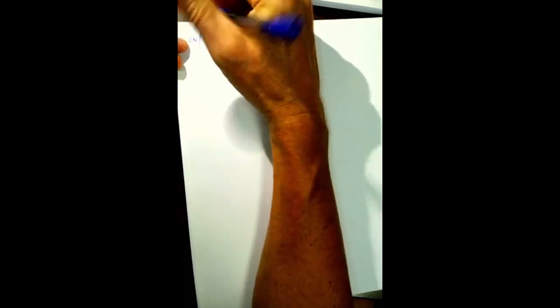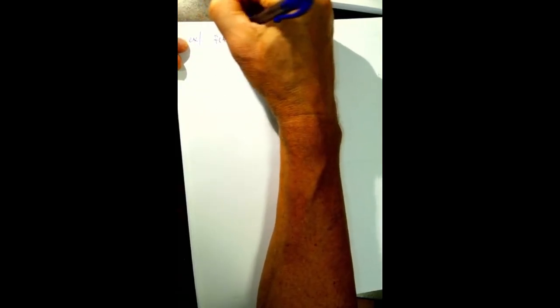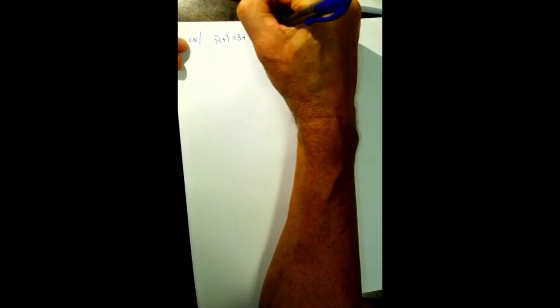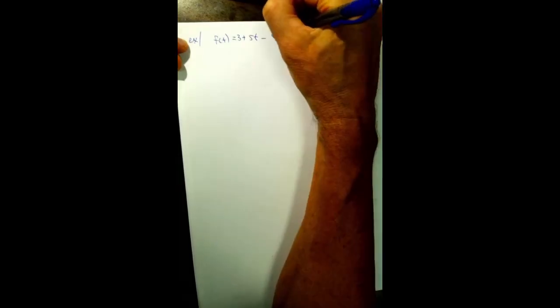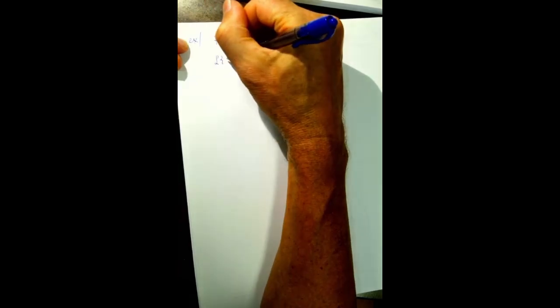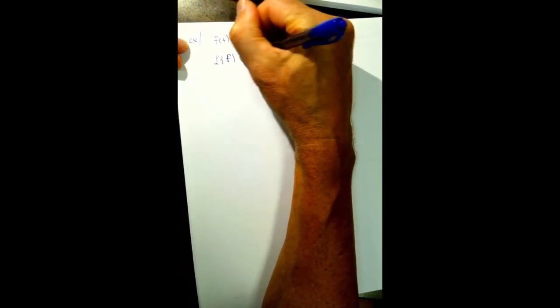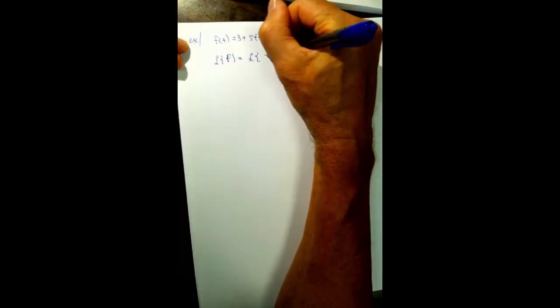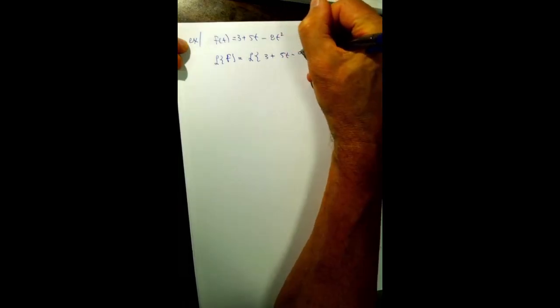For example, if I have some f of t is 3 plus 5t minus 8t squared, the Laplace transform of f is going to be the Laplace transform of 3 plus 5t minus 8t squared.